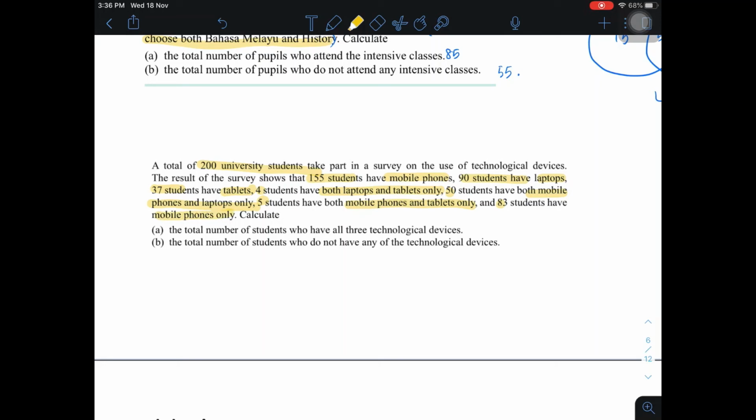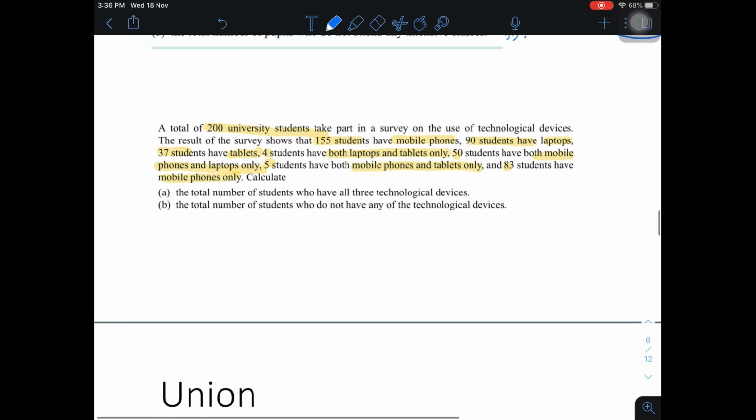That's a lot of information, but it's useful information, okay? So we understand that based on the information given, we have 3 sets, which is mobile phone, laptops and tablets. So we draw. Should we do 3 circles then?